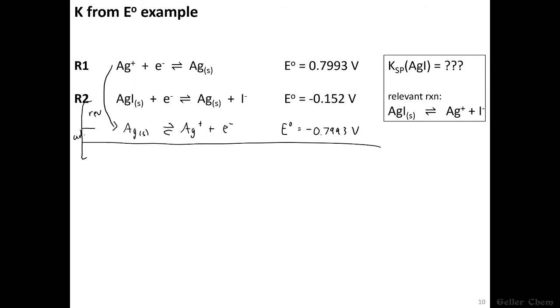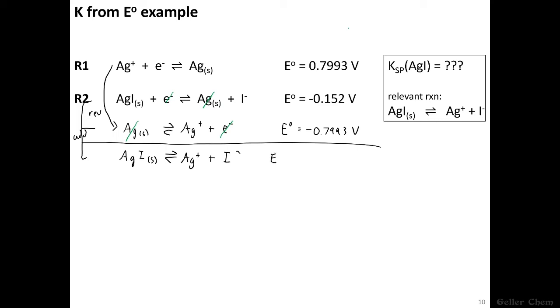We will add reaction 2 and the reverse of reaction 1. We can see beforehand that some species will cancel, silver solid and the electrons. And we will indeed be left with only AgI solid in equilibrium with Ag+ and I-, which is the reaction that we care about.